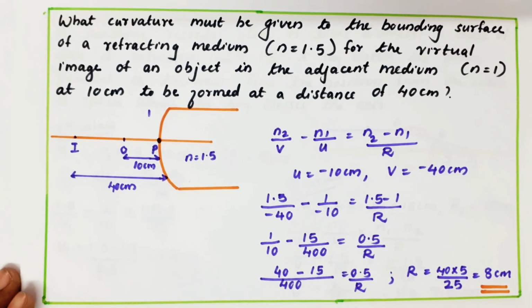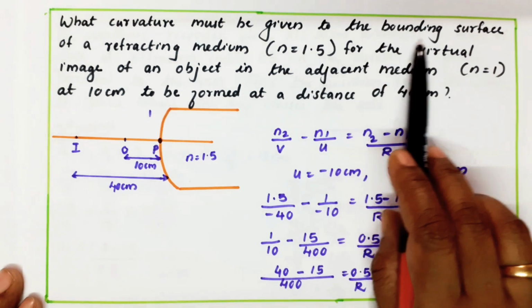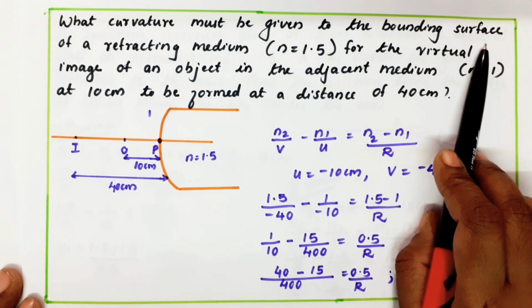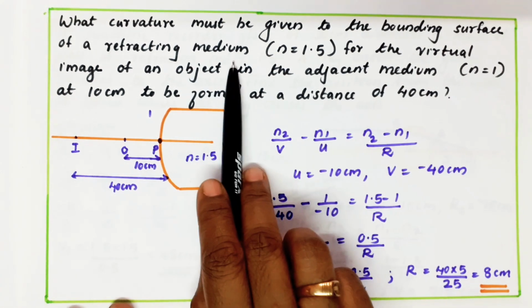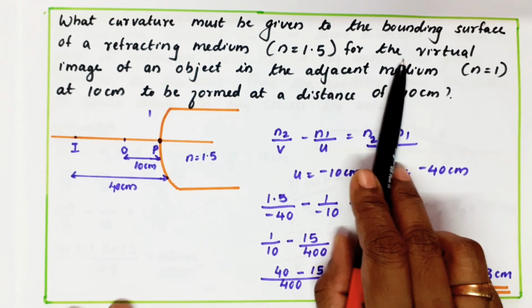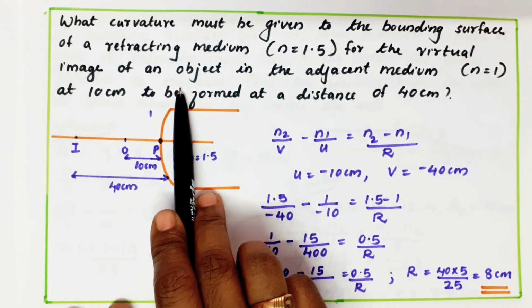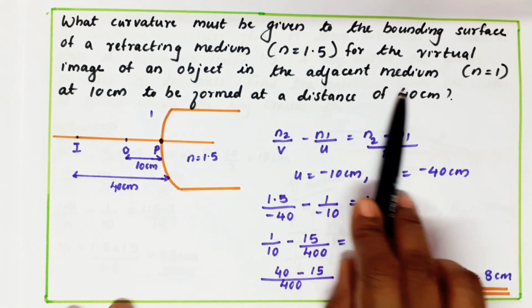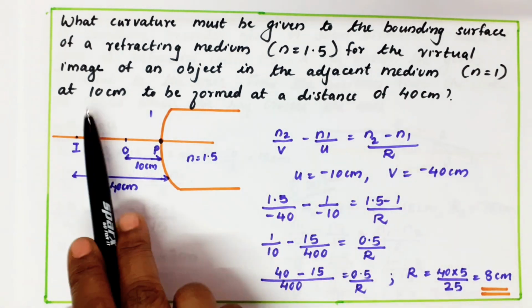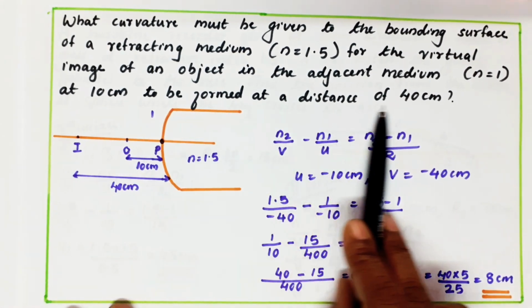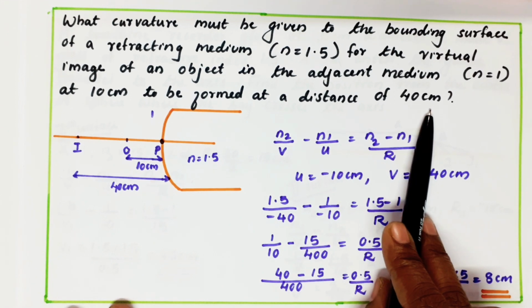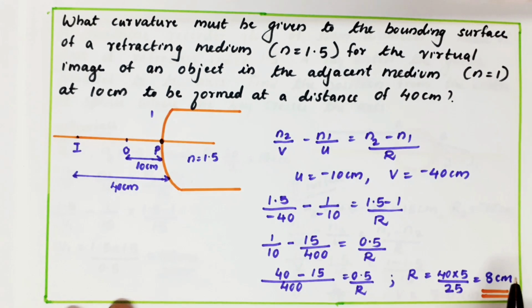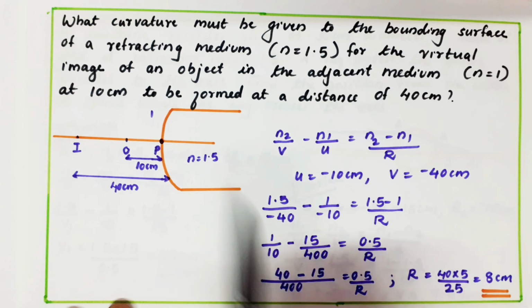Next, what curvature must be given to the bounding surface of a refracting medium n equals 1.5 for a virtual image of an object in an adjacent medium n equal to 1 at 10 centimeter to be formed at a distance of 40 centimeter. See, read the question again.